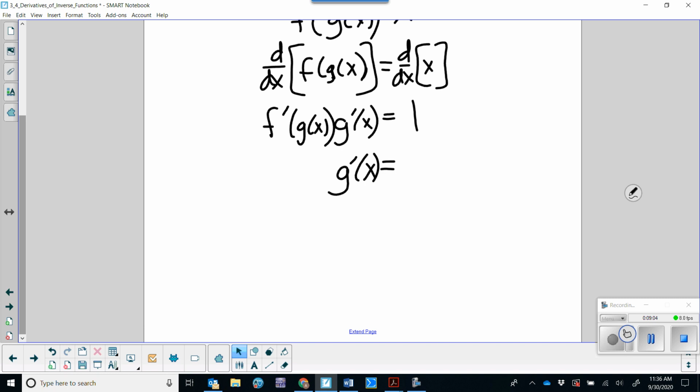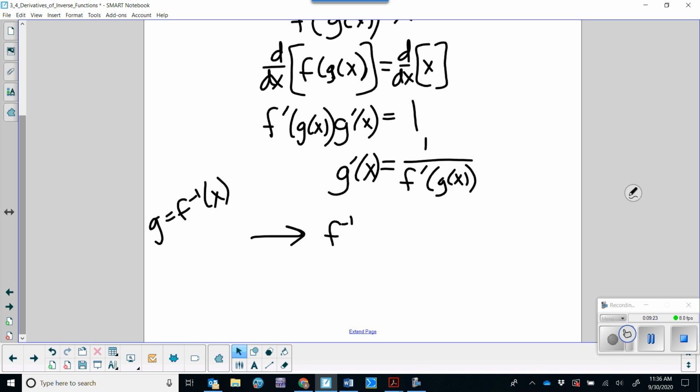So g prime equals 1 over f prime of g of x. Now substituting back, because we let g equal f inverse of x, this is f inverse of x prime is going to equal 1 over f prime of f inverse of x.